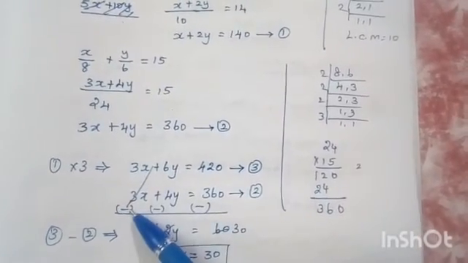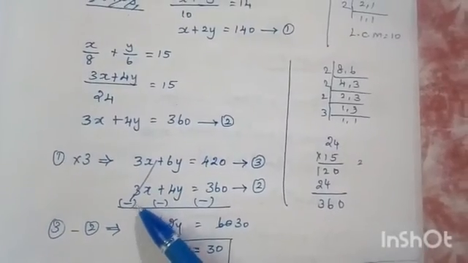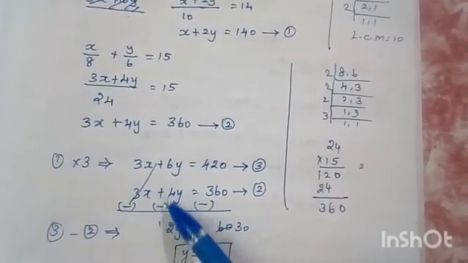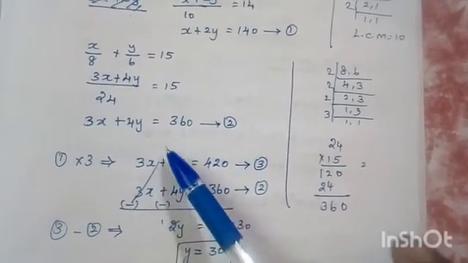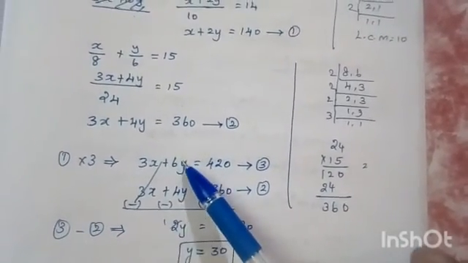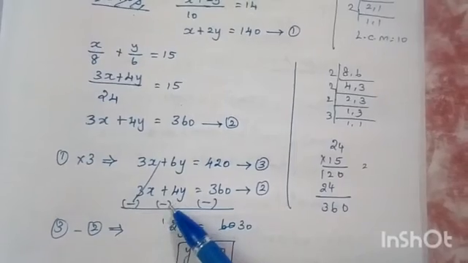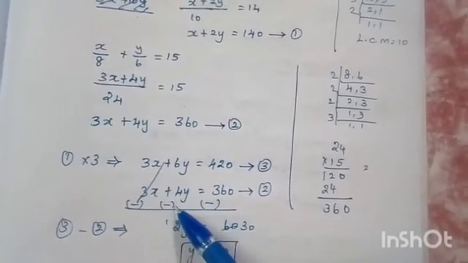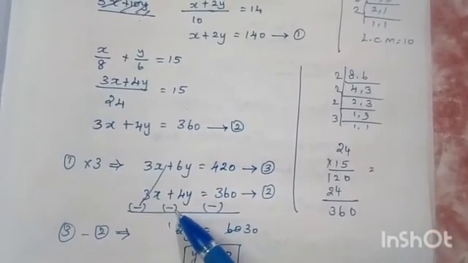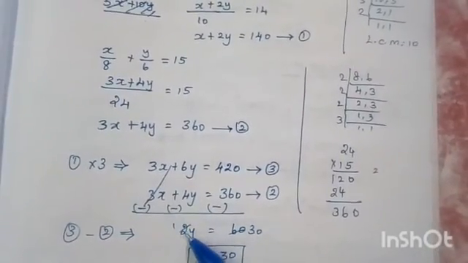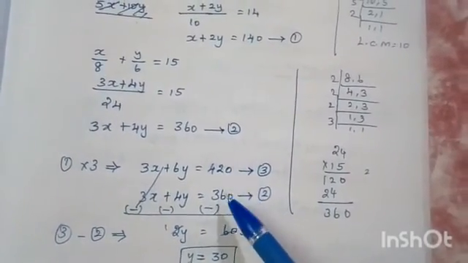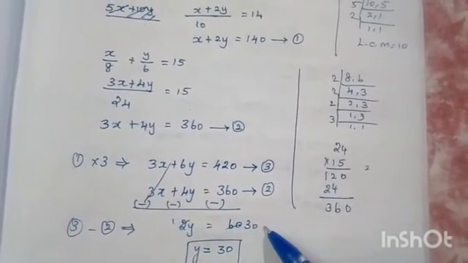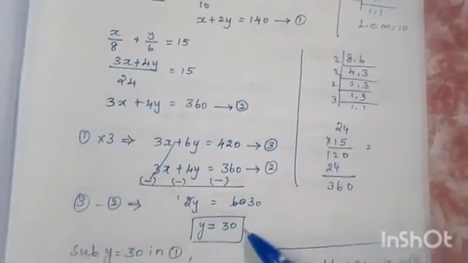Subtract means the second one's signs you have to change. So this is minus, this also minus, this also minus, and these two cancel. Now 6y minus 4y, after changing the sign, we have to consider for simplification. 6 minus 4 equal to 2y. 420 minus 360 is equal to 60. 2 times 30 is 60. So y equal to 30.